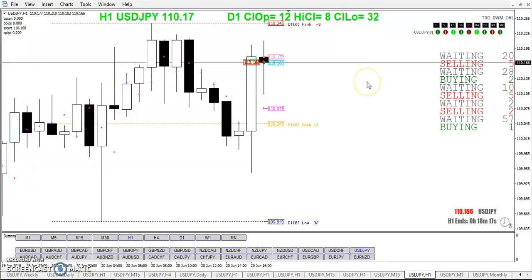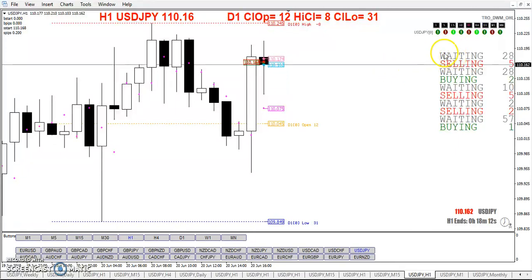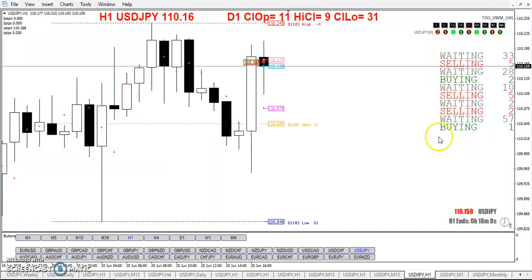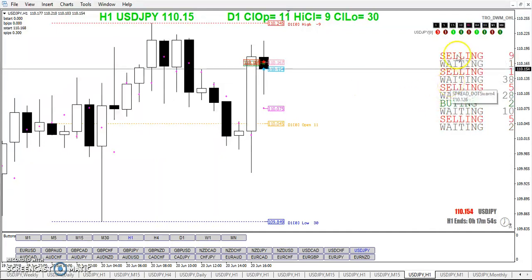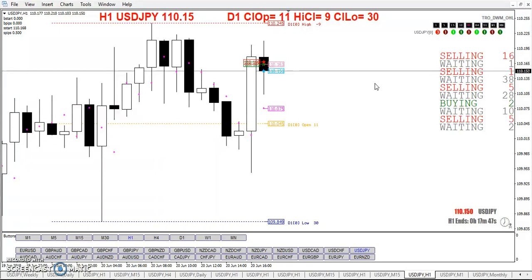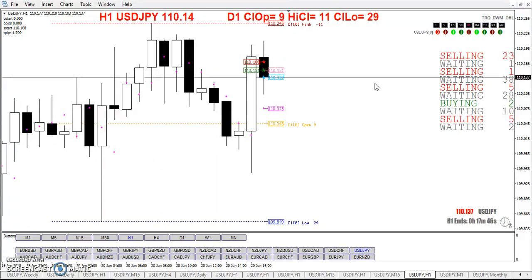Okay? So I can see here, I was thinking maybe I should change this, instead of buying and selling, I should call it rising and falling. But I think traders understand buying and selling. So right there, you can see it's oscillating between selling and waiting, selling and waiting. Because if it's not buying and we don't have selling, we basically have indecision, so we're waiting for something to happen.